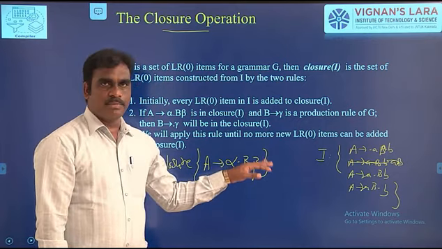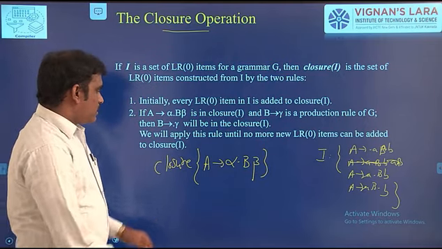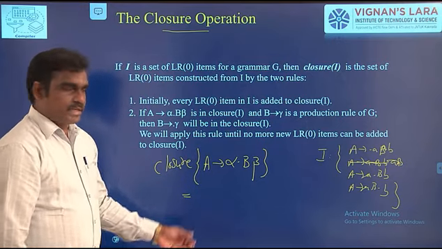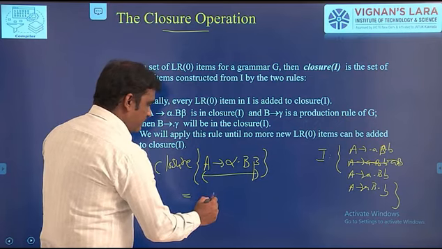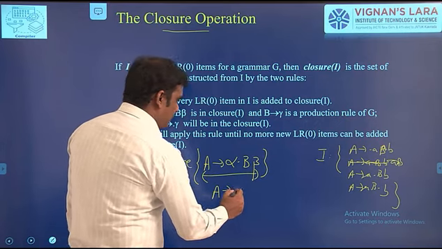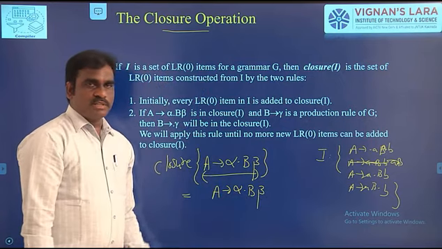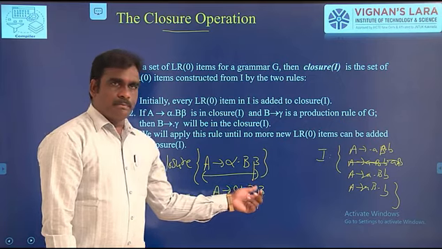Whenever we perform the closure set operation, the result is like this. First write the given production as it is, that is A to alpha dot B beta.